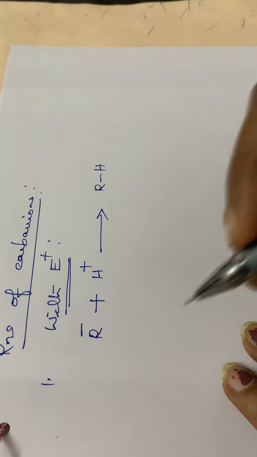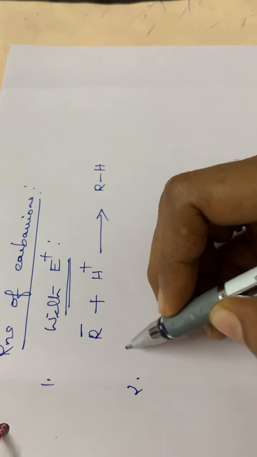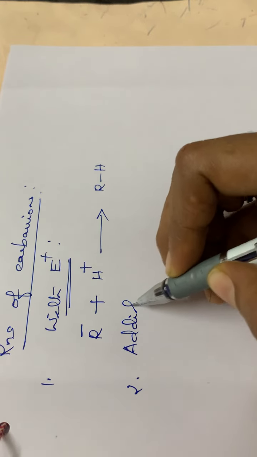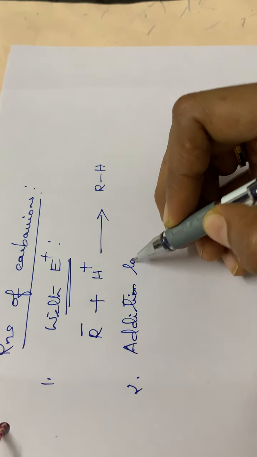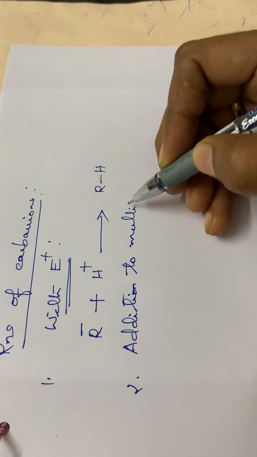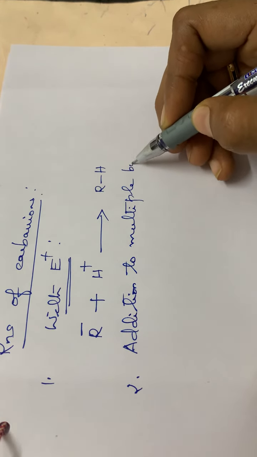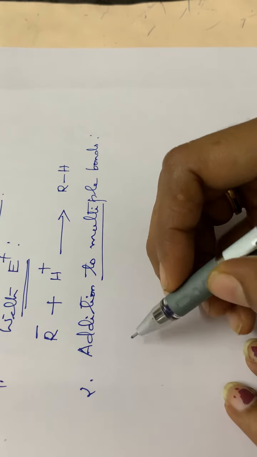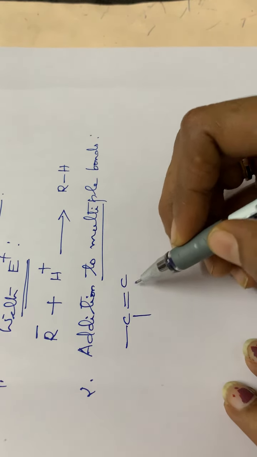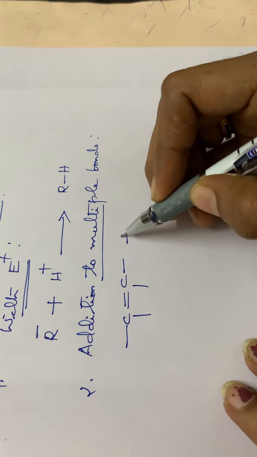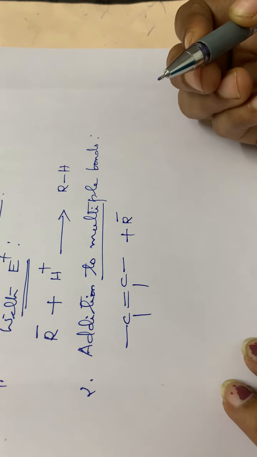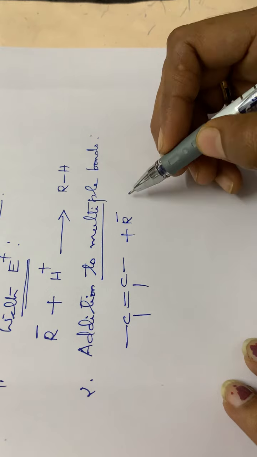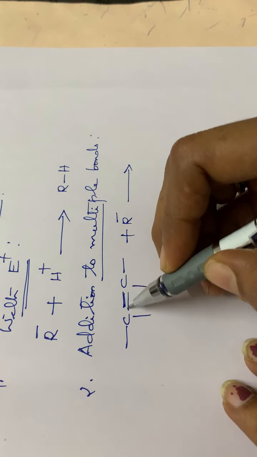Then the second one is addition to multiple bonds. See here, C double bond C plus R minus. This is addition to a double bonded compound.